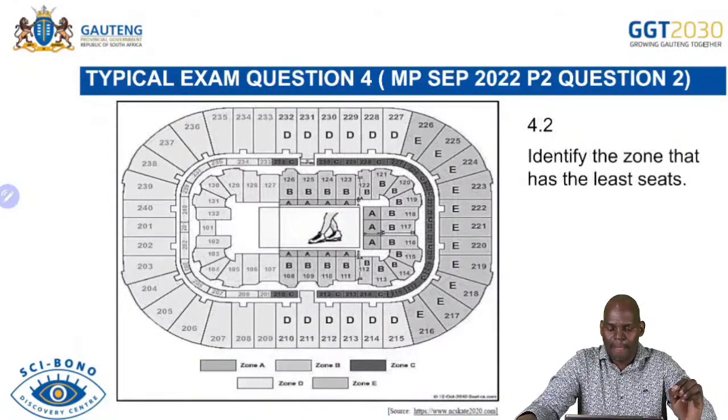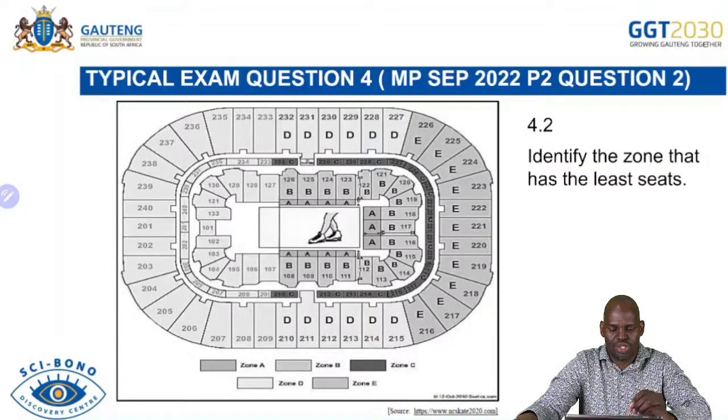Okay, then the next one is: identify the zone that has the least seats. So remember, we've got zone A, there's zone A. And then we've got zone B. You can see zone B is bigger.